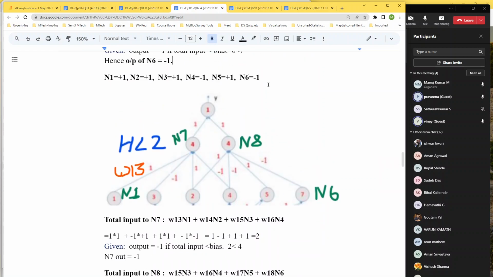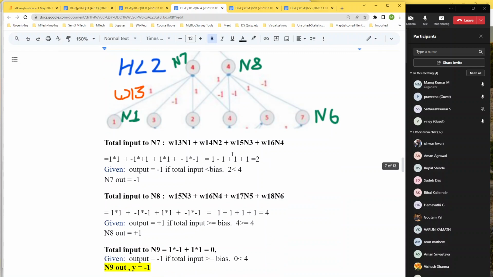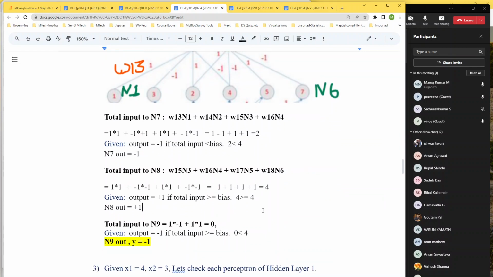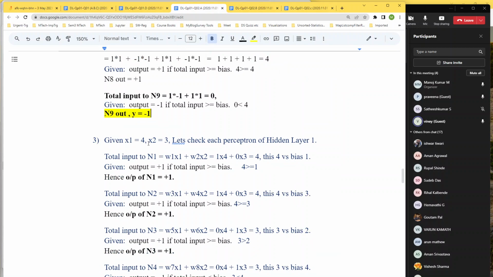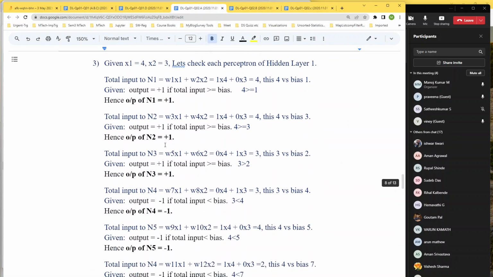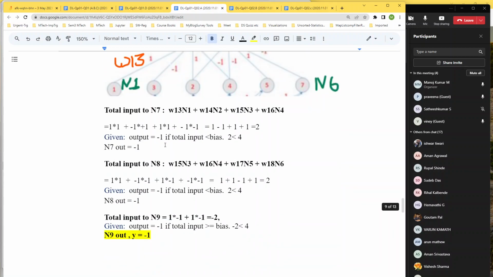So what is the answer? We got up to n1 to n6 here. Then the input to n7 is minus 1, then n8 is plus 1, so the output is minus 1. Similarly for the third also. For 4 comma 3 we have again the same calculations.